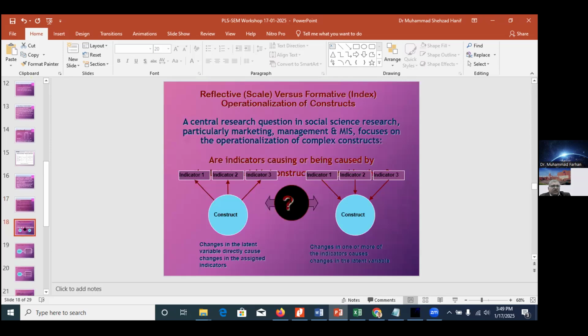So what is a reflective construct and what is a formative construct? Any idea?